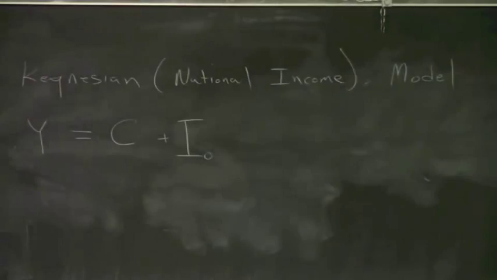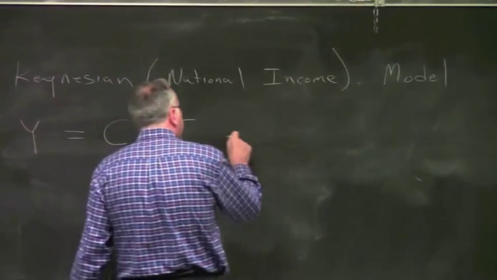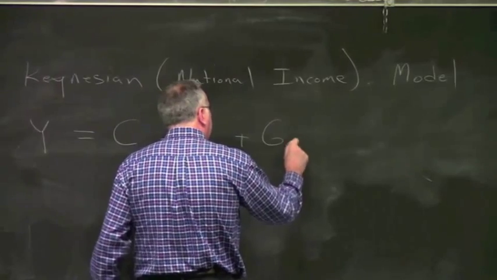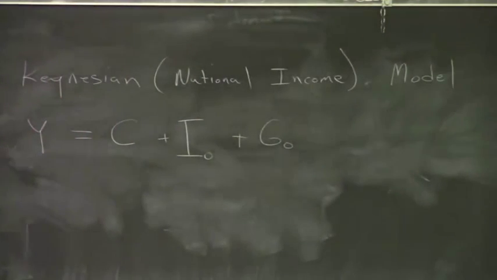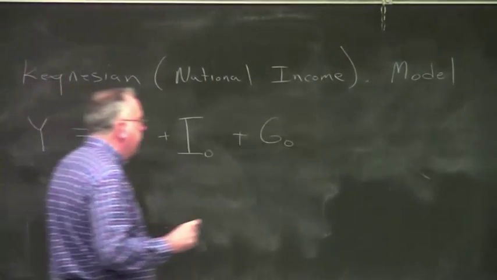The other component of expenditure is expenditure by the government. And government expenditures are also assumed to be exogenously determined. This equation right here is an equilibrium condition.